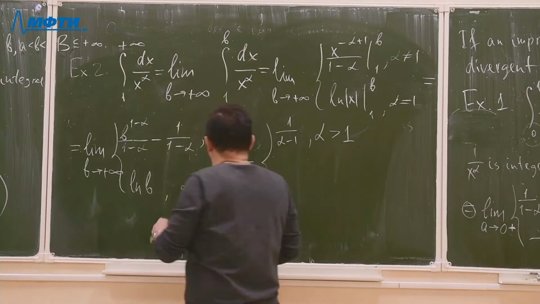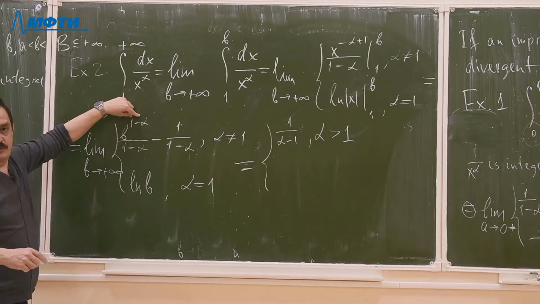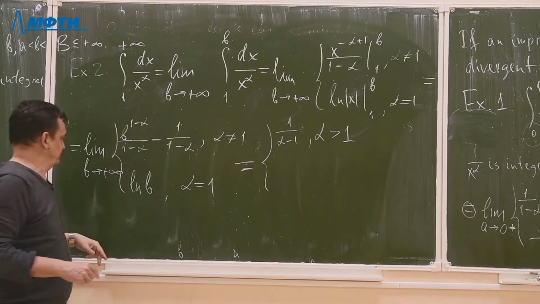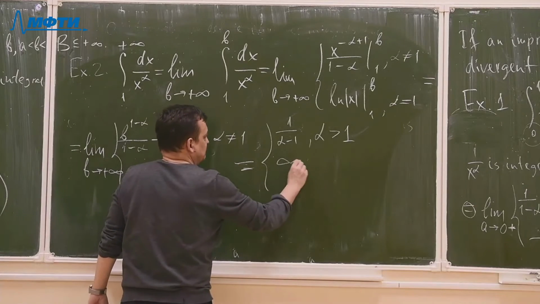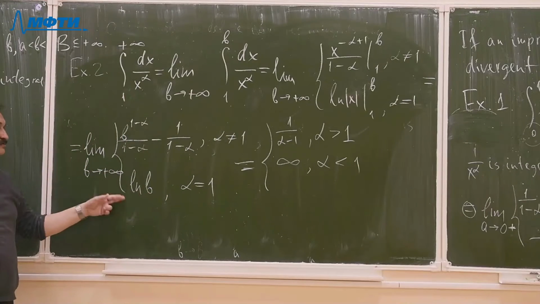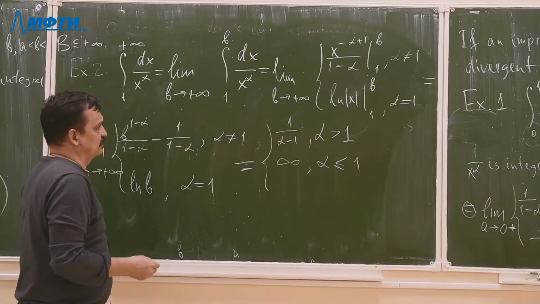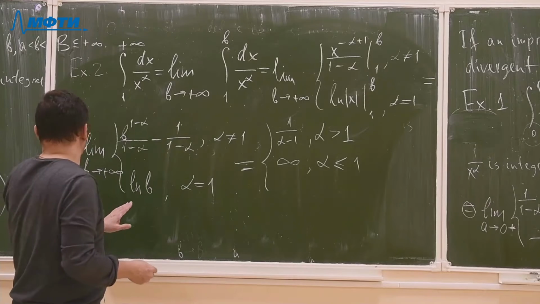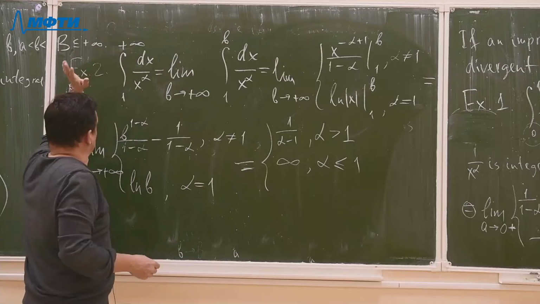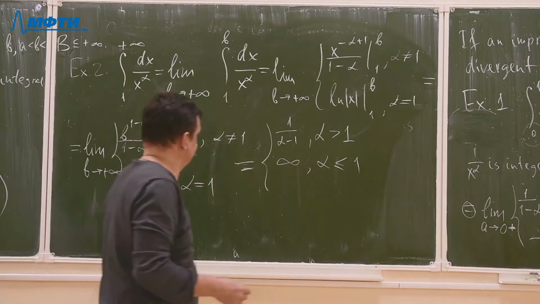And if alpha less than 1, then we have a positive exponent. b tends to plus infinity, so this will be infinity. So we have infinity for alpha less than 1. And also for alpha equals 1, logarithm tends to infinity as well, right? So alpha less or equal to 1. Oh, I'm sorry, I forgot that usually we don't use plus, right? Okay, let it be plus. I started to use plus, let it be plus.